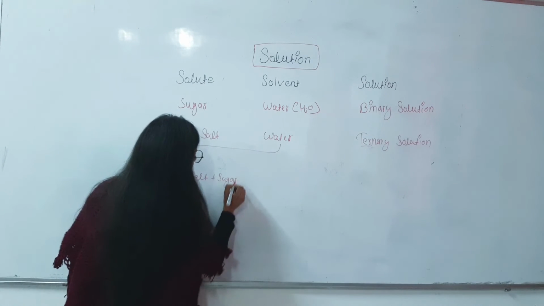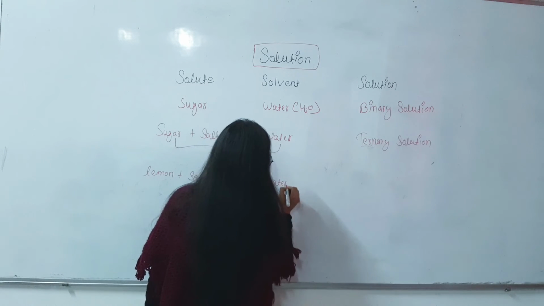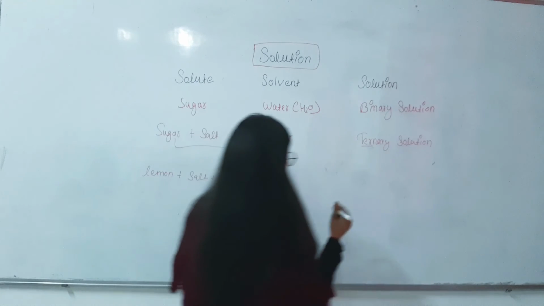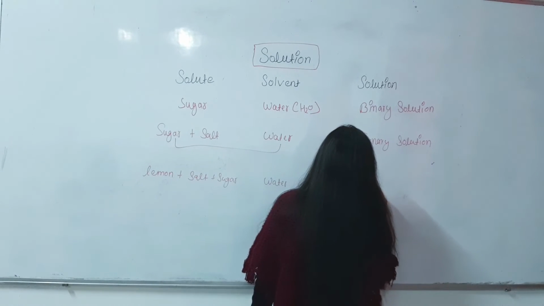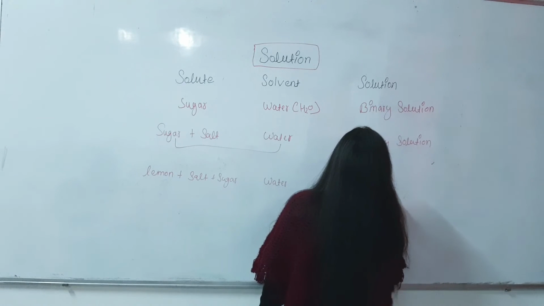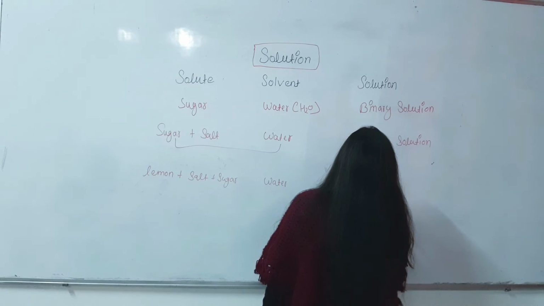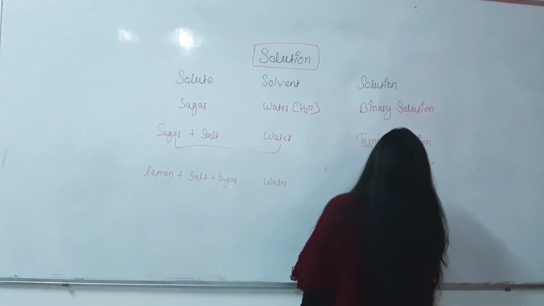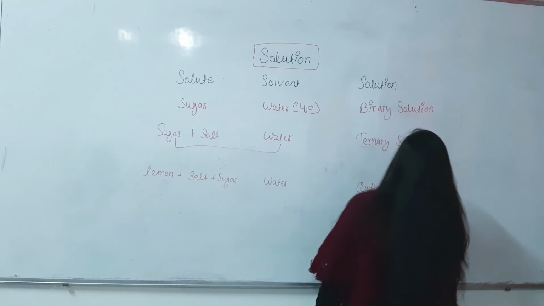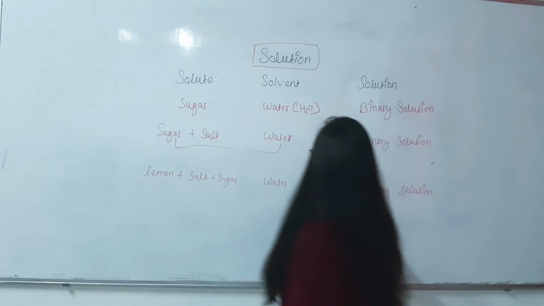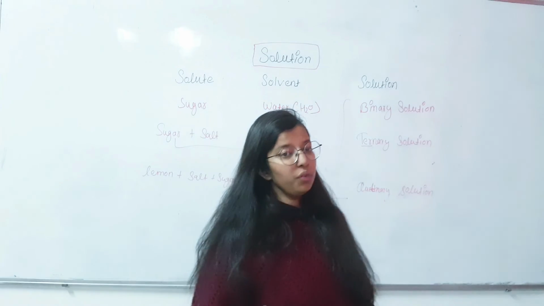When these three components are dissolved in water, then four components are used for making a solution, and it is known as a quaternary solution. So these are the types of solution.